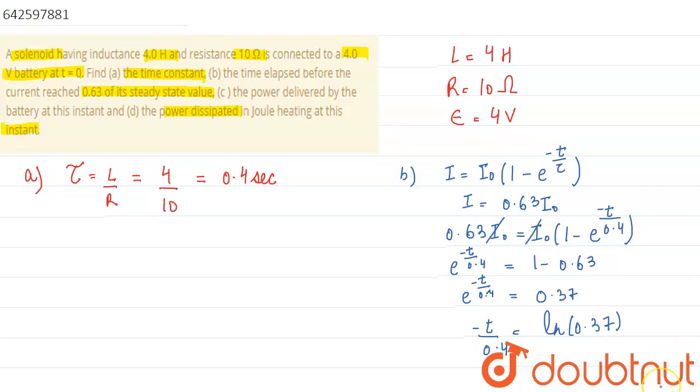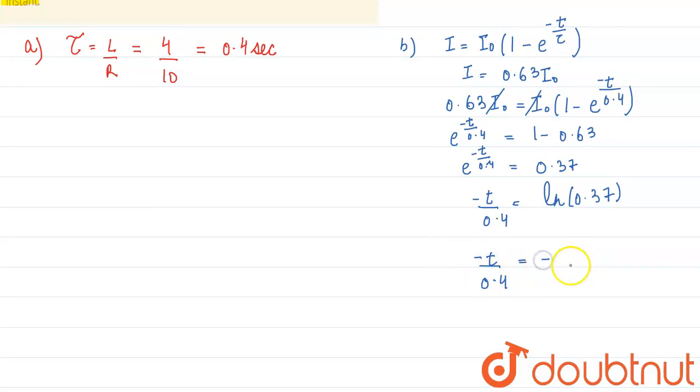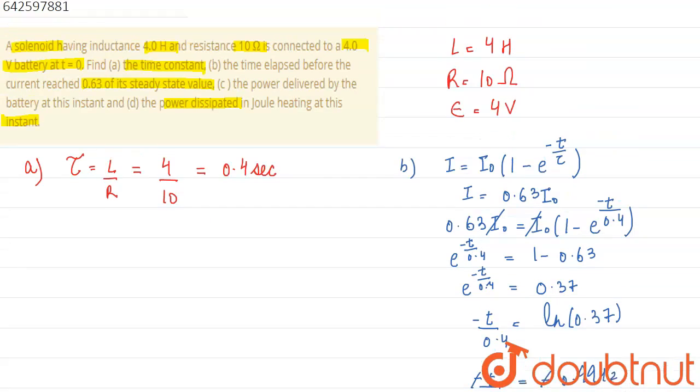Ln of 0.37 is minus 0.9942. Minus and minus cancel out, so t is equal to this into this, and the value we get is 0.397, which is approximately equivalent to 0.4 seconds. So this is the time elapsed before the current reaches 0.63 of its steady state value. That completes the second part.